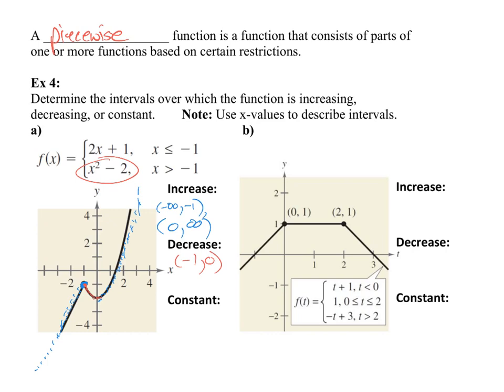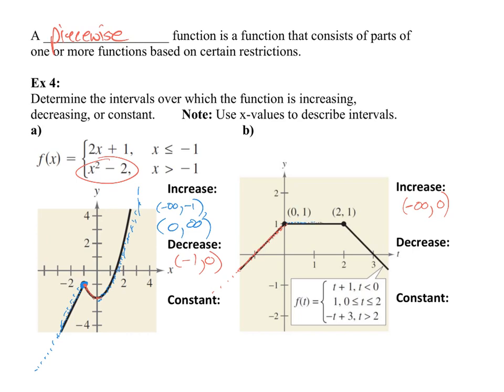Where's the graph increasing? Here it's increasing. It's rising, and I describe the increase using the x values. So I'm starting over here from -infinity, and it stops at 0 for x. Once again, we're talking about the x values. Then what happens here? It just flatlines.